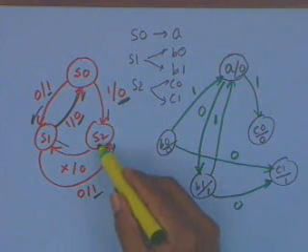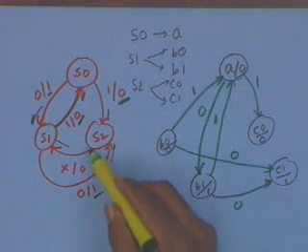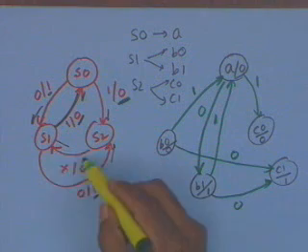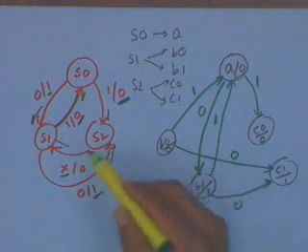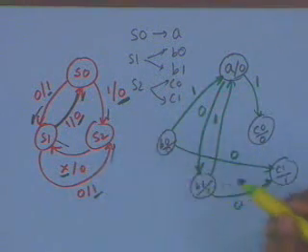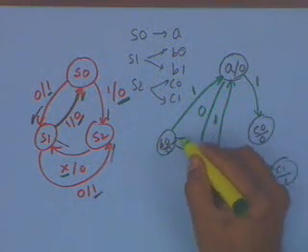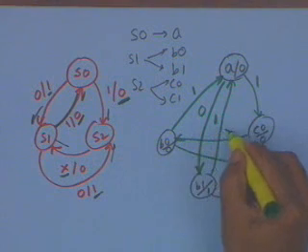Which is 0 1. Now let us consider this state S2. From S2 I go to don't care, this is don't care, I go to S1, but now S1 is B0 and B1, but this is a 0 state, so I will don't care.